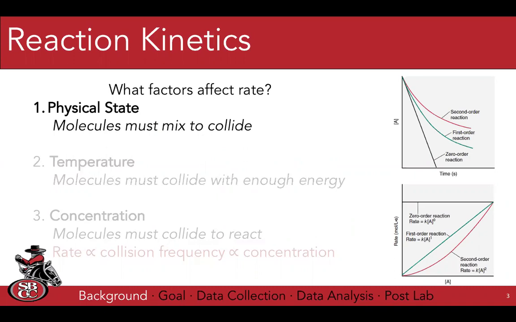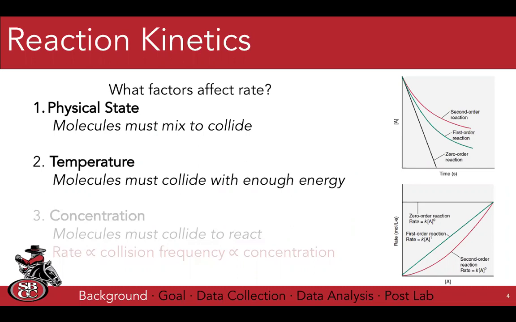So there are three things specifically that we want to talk about today, and of course, one thing importantly we're going to study. The first is the physical state. The molecules have to interact with each other to do the reaction. So if it's a solid state versus liquid state versus gaseous state, that changes the rate of reaction. Temperature is really important in reactions. Normally, we have to make sure, and today you'll see that we are going to emphasize keeping temperature constant, because temperature changes the rate.